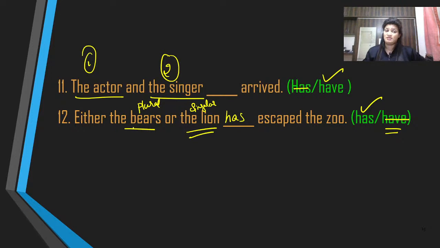Bears is a plural subject, and the lion is a singular subject. You have to pick from either the singular or the plural. My question is, why didn't you go with the plural? Yes, that's correct, Rupshna. You'll have to go with the subject which is closer to the verb. Hence, you pick has over here because the lion is singular. That's correct.